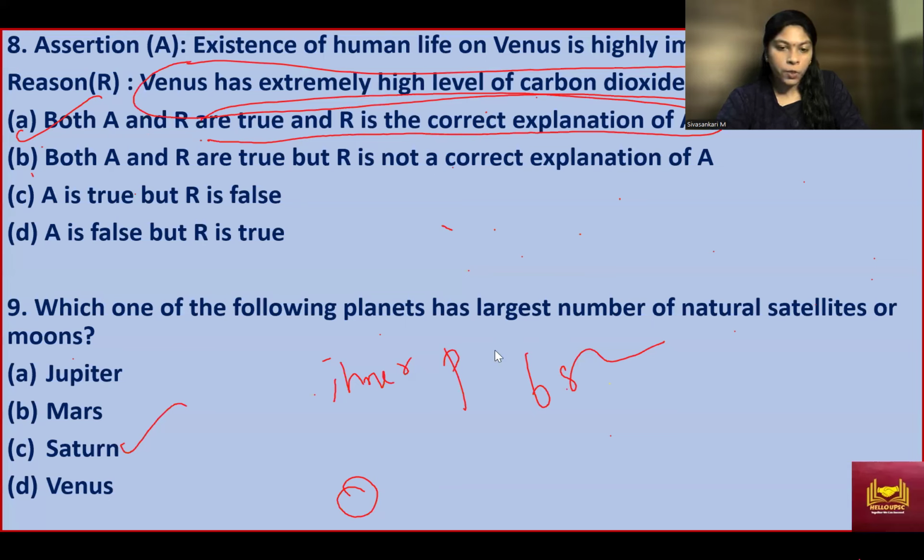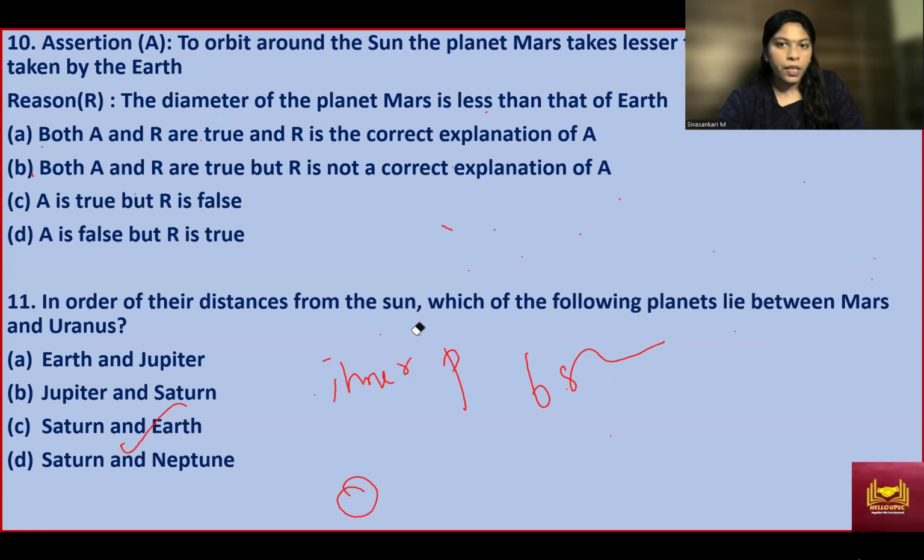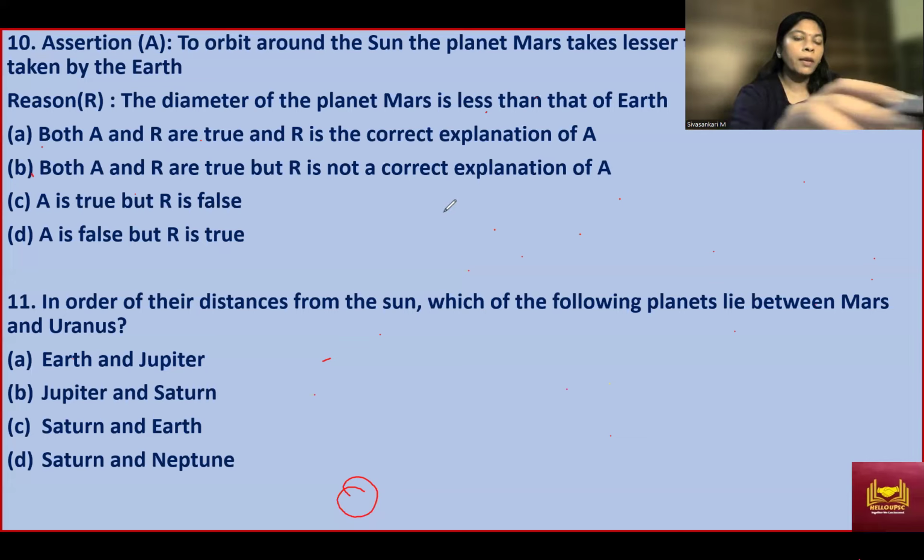10th and 11th. Maybe we'll finish with this. So see the question. Let me first erase this. It is saying that to orbit around the sun, the planet Mars takes lesser time than the time taken by the Earth.